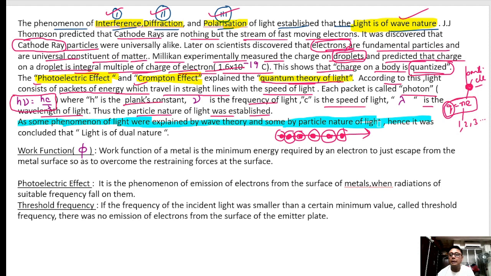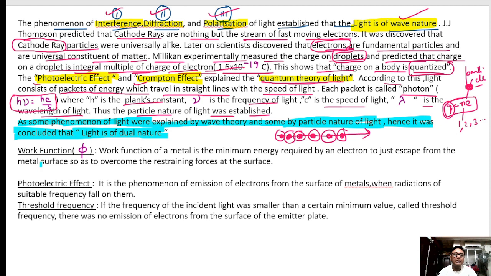Hence, it was concluded that light is of dual nature. That is the main thing we are going to study: sometimes light shows particle nature, and sometimes wave nature.